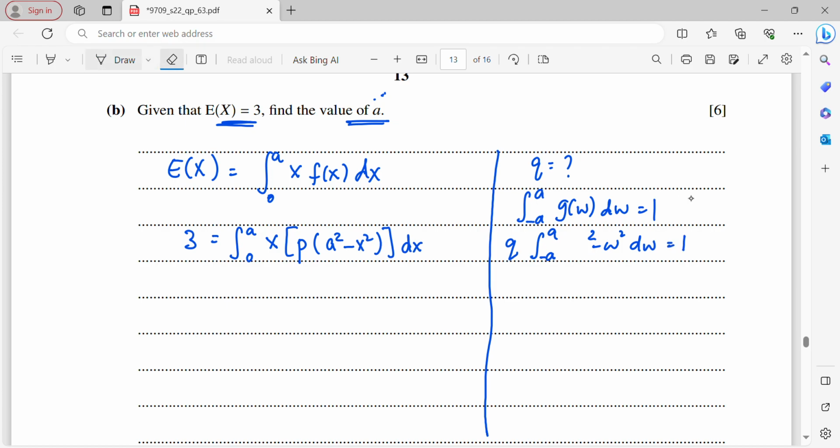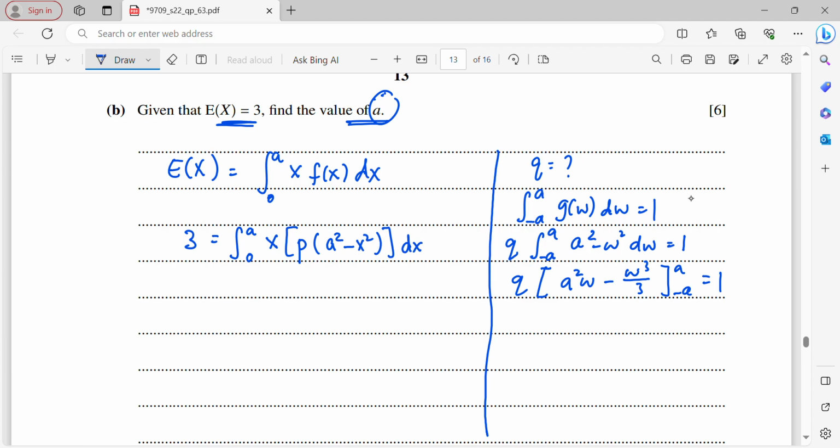Okay, now, remember your W is a variable, a is a constant because you need to find a. So now, integrate this, you will be getting a squared W minus W cubed over 3. Limits will be from minus a to a, then equals to 1.